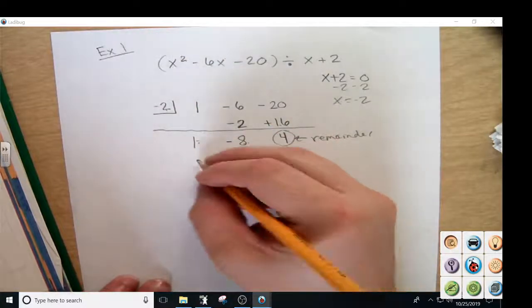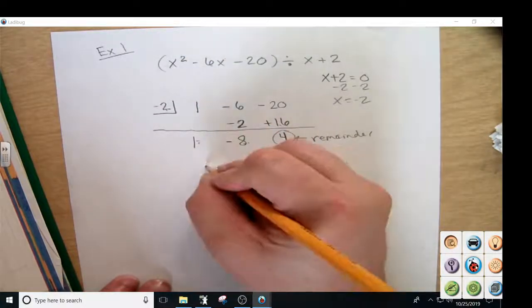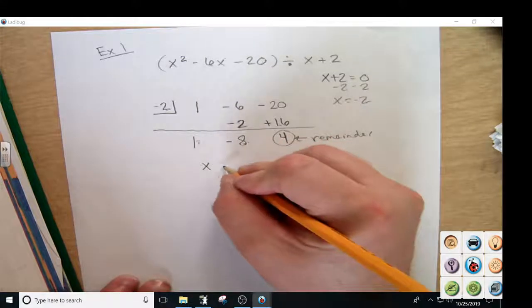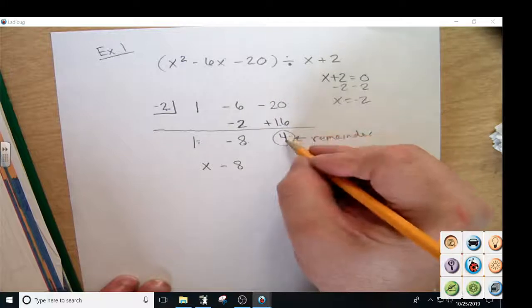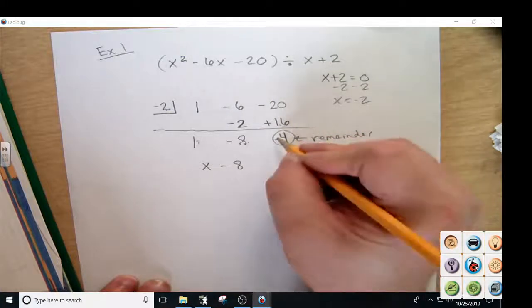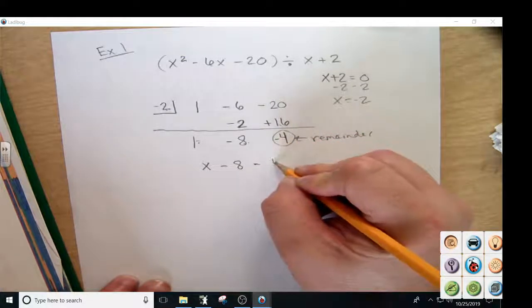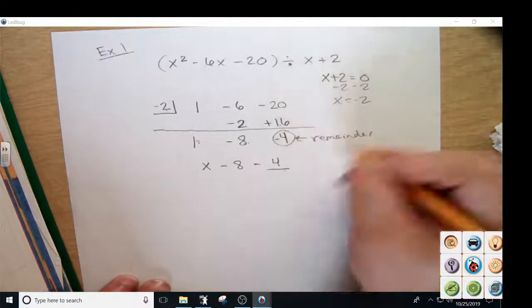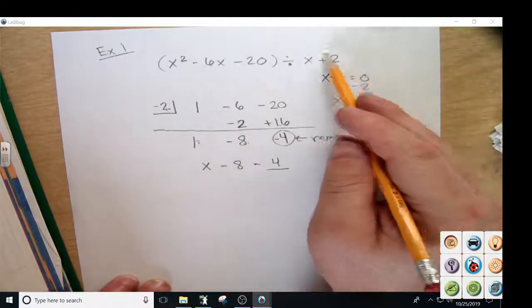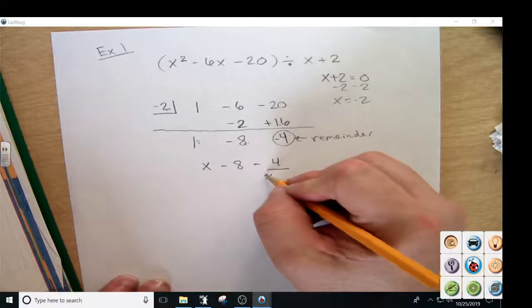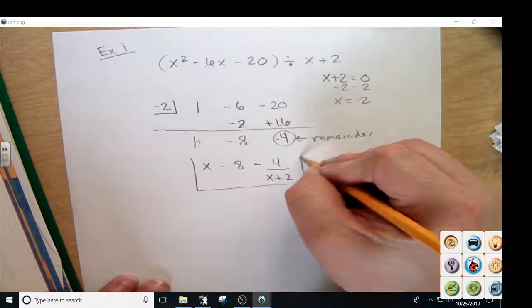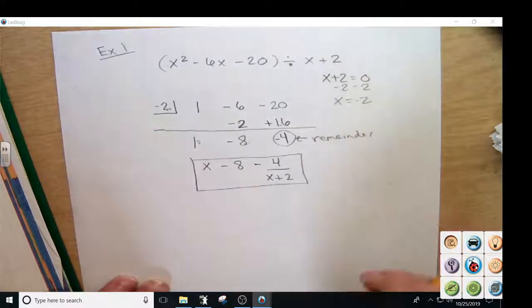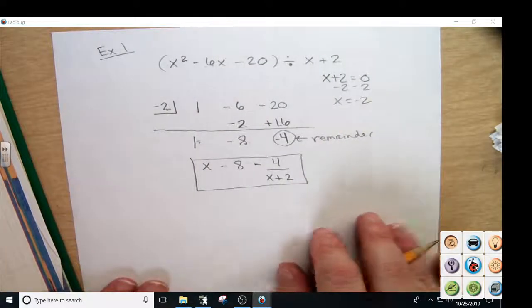So what that's going to be is this: x minus 8, and that's a negative 4 there, minus 4 divided by your divisor here. That's your answer.